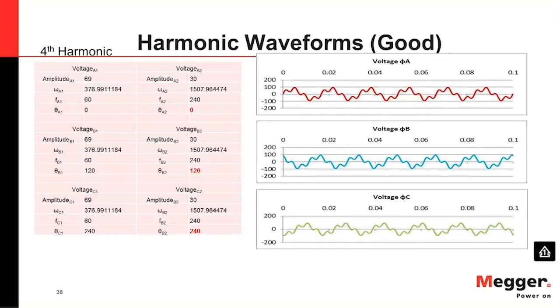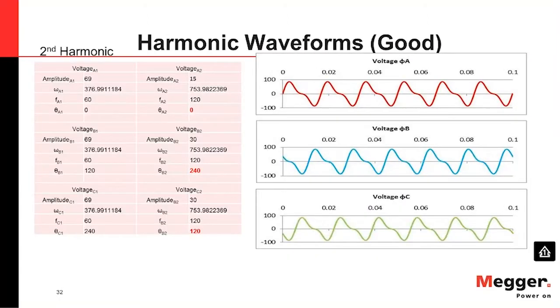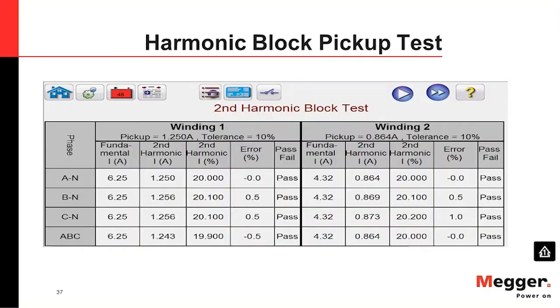Now after we just put the setting over here, which is what we need, we can go directly to the test screen. The test screen will go for winding 1 and winding 2 and test the harmonic according to our setting and check the behavior and pickup for the second harmonic.